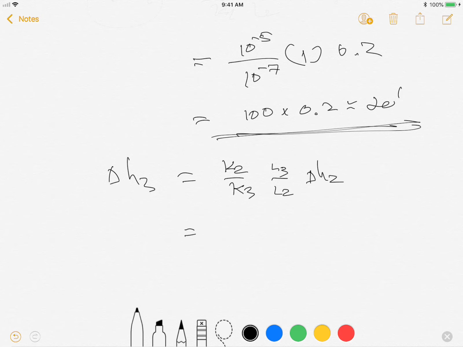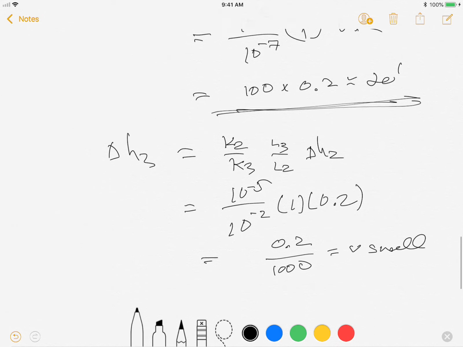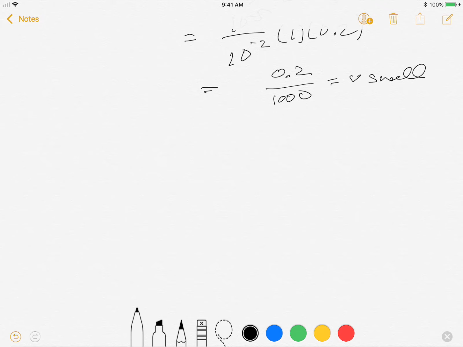So K2 is 10 to the minus 5, that's our silt. K3, that's 10 to the minus 2, which is our sand. These two are 1, and then we're multiplying this by 0.2, and so the drop over here is going to be 0.2 divided by 1,000, very small.